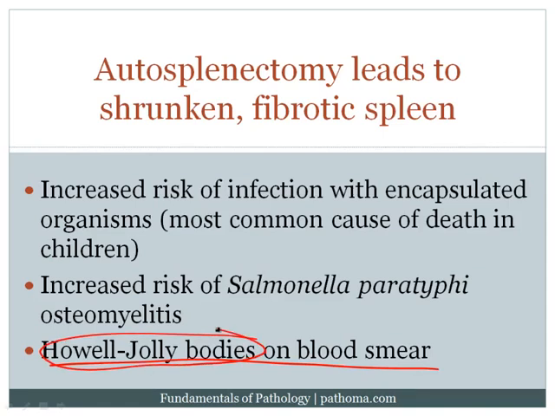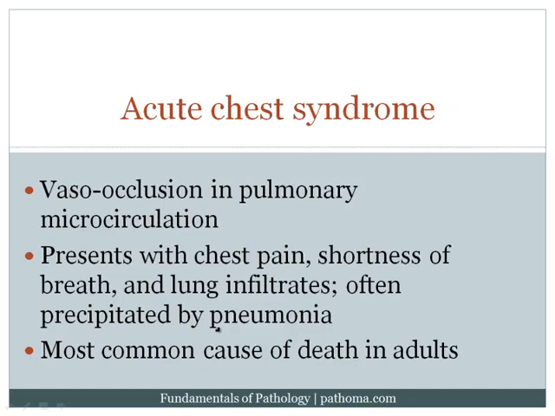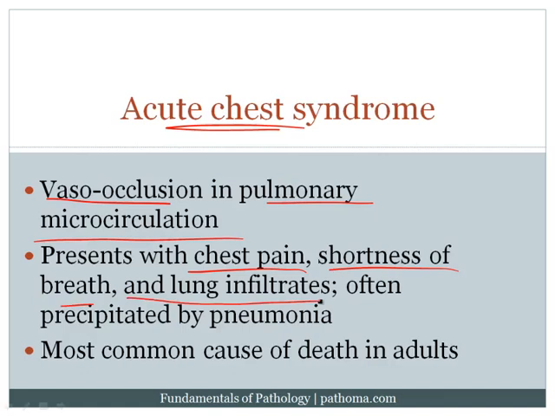Additionally, vasoocclusive crises can occur within the vessels of the lung, and that's called acute chest syndrome, vasoocclusion in pulmonary microcirculation. Classically presents with chest pain, shortness of breath, and infiltrates on the lung. It's usually precipitated by pneumonia.